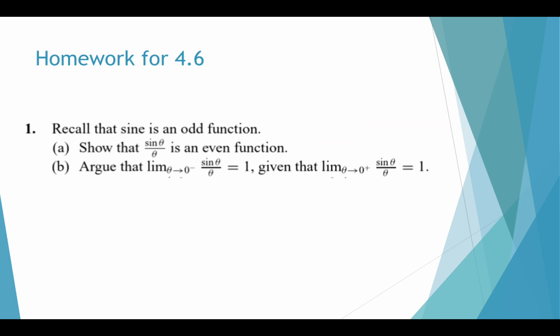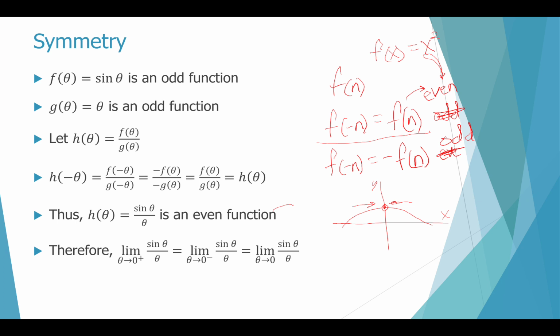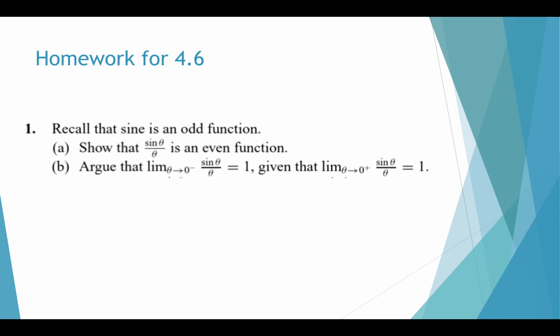Okay, so this is the homework question. Look at it. See the solution. There's your homework. Show that it's an even function. Follow the same guidelines. Genuinely, that's what you're doing.